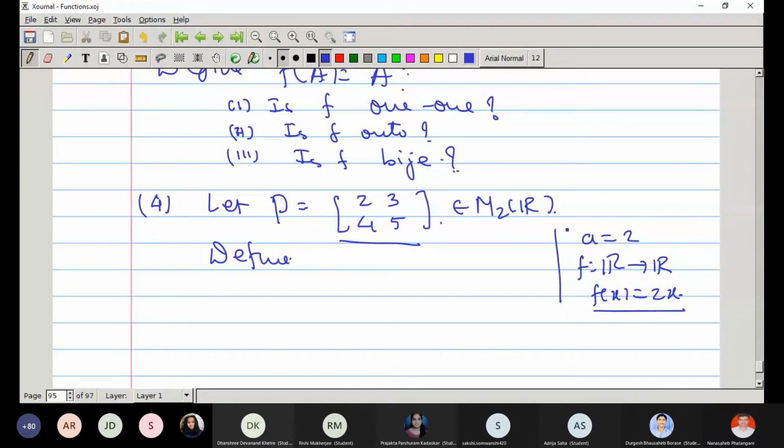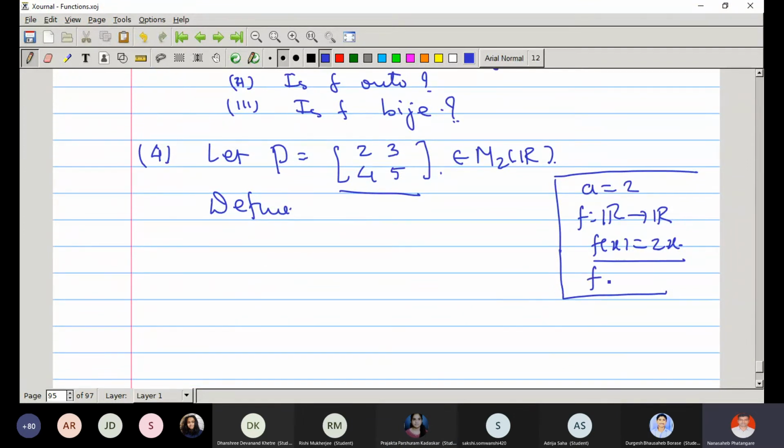Yes, it is a function because I am multiplying by some constant. Or I can say that f of x is equal to ax, whatever a you select. So this is a function, and basically here every real number is a 1 by 1 matrix, and 2 itself is a 1 by 1 matrix.